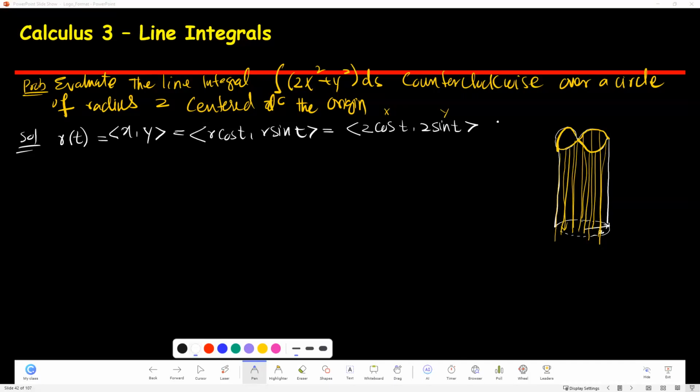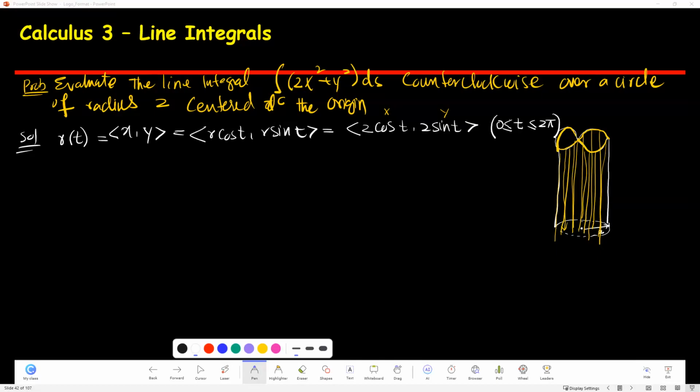And what is my limit for t this time? t always keeps changing, so my t is going to go from 0 to 2 pi. Now we should be very careful about what kind of parentheses we are using. This is a parenthesis we use for t.